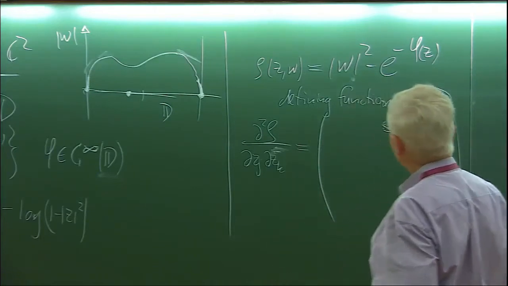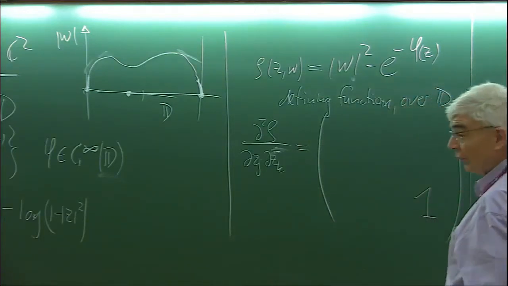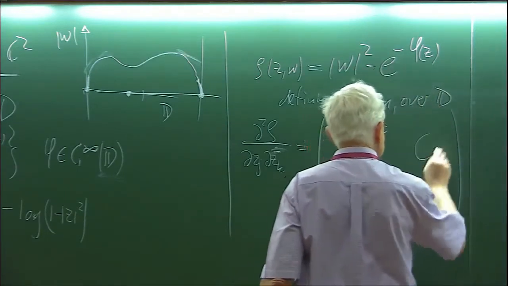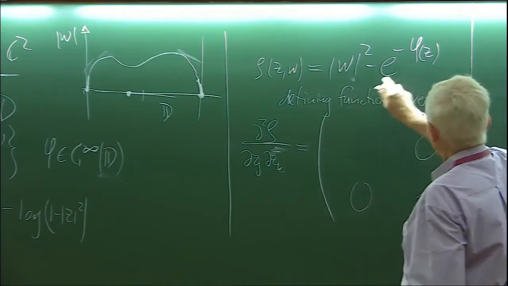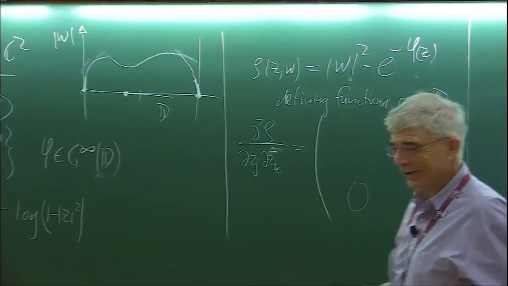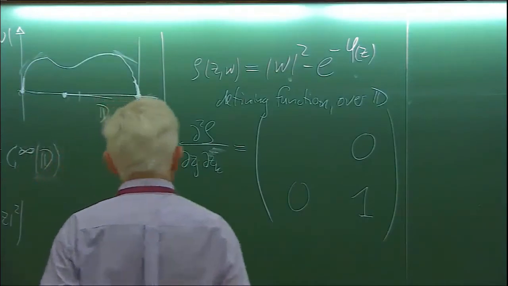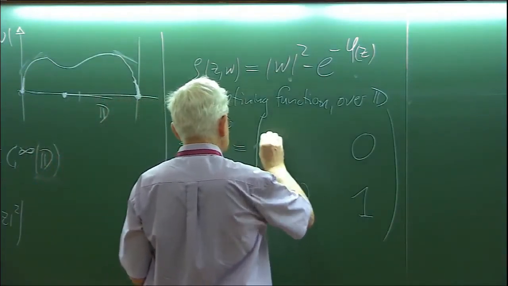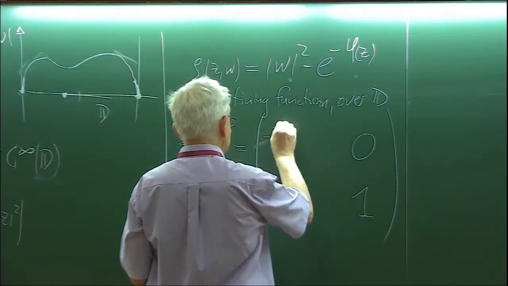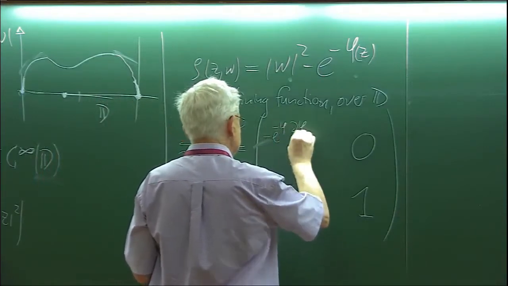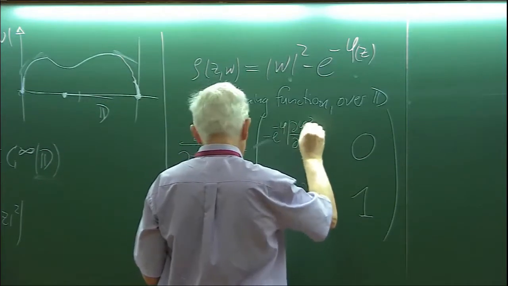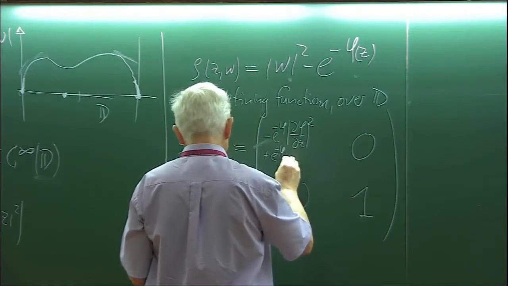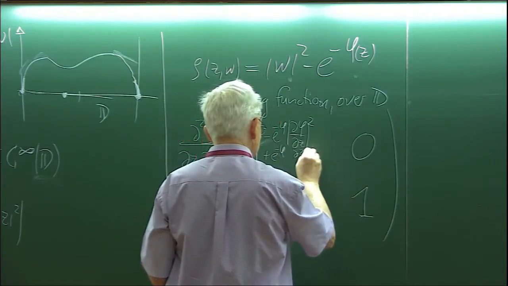If you have mixed derivatives, you're going to have 0 because it's separated like this. And so finally, we do have to differentiate this term with respect to dc and dc bar. And you just do that, and what you find is it's minus e to the minus phi, d phi dc squared, plus e to the minus phi, and then the Hessian of phi.